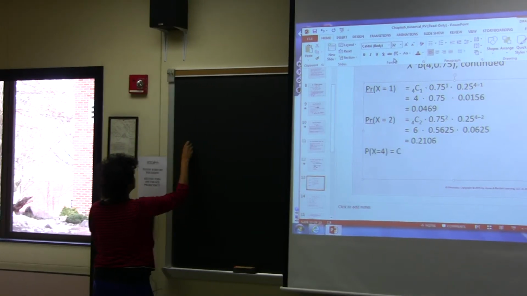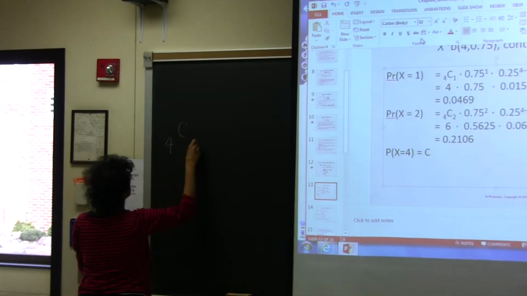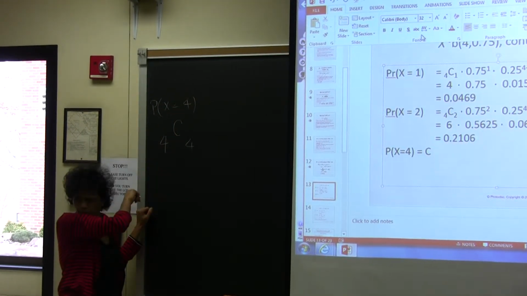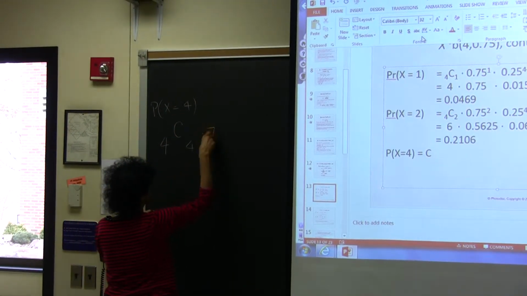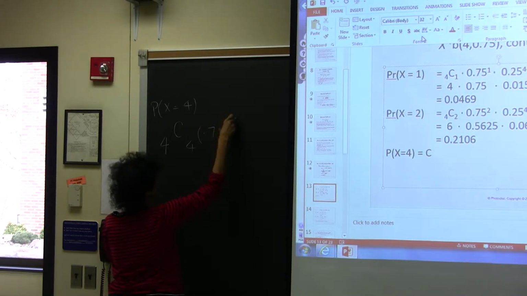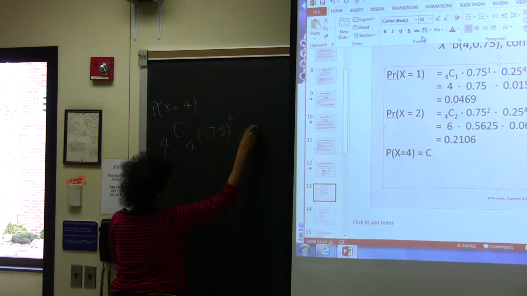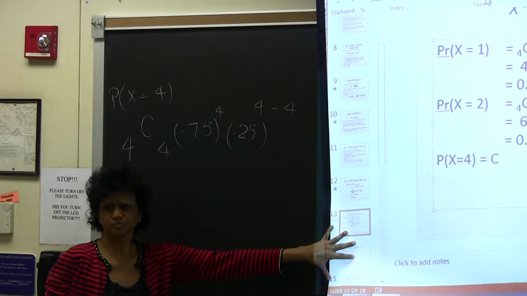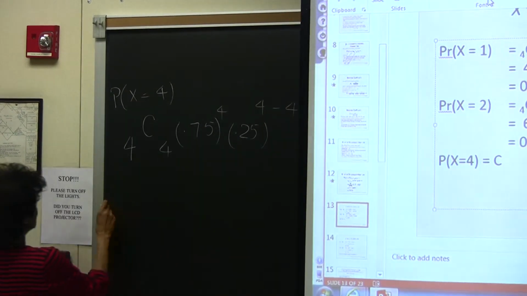Okay, so 4 choose 4. Probability that x equals 4 is 4 choose 4 times 0.75 to the 4 times 0.25 to the 4 minus 4, correct? So then what is 4 choose 4?